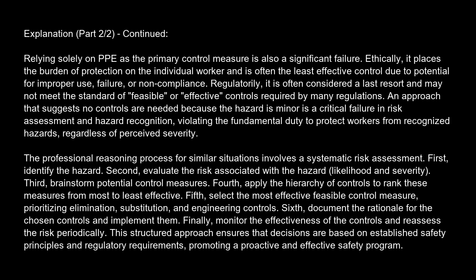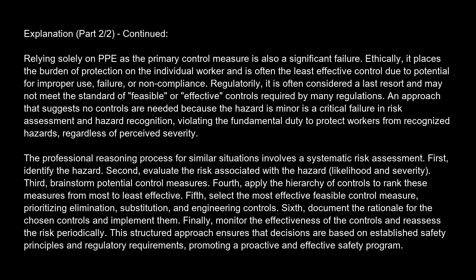Ethically, it places the burden of protection on the individual worker and is often the least effective control due to potential for improper use, failure, or noncompliance. Regulatorily, it is often considered a last resort and may not meet the standard of feasible or effective controls required by many regulations. An approach that suggests no controls are needed because the hazard is minor is a critical failure in risk assessment and hazard recognition, violating the fundamental duty to protect workers from recognized hazards, regardless of perceived severity.